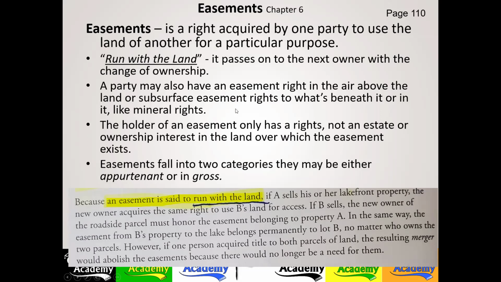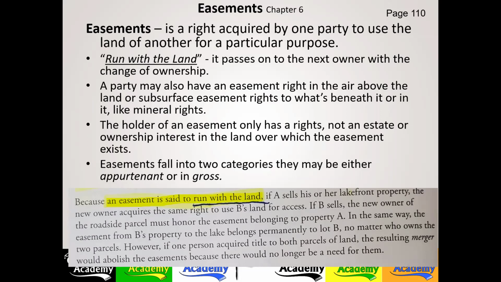That doesn't mean that they have rights of ownership, only rights to use it. The holder of an easement only has rights, not an estate or ownership interest in the land over which that easement exists. So easements fall into two categories, either appurtenant or in gross.